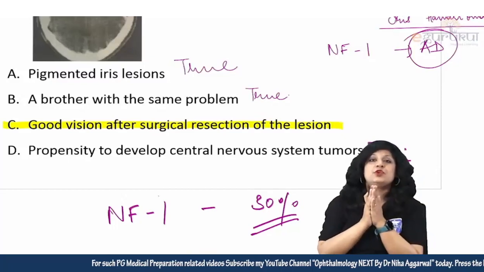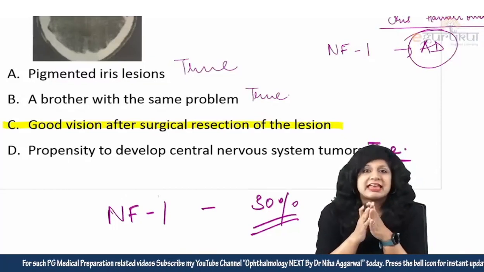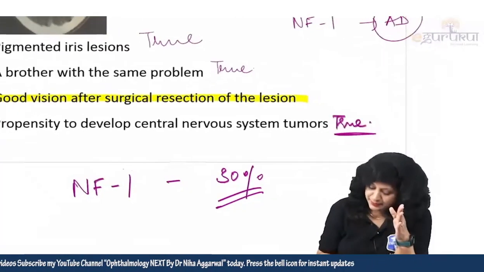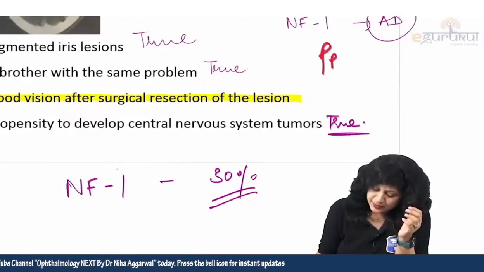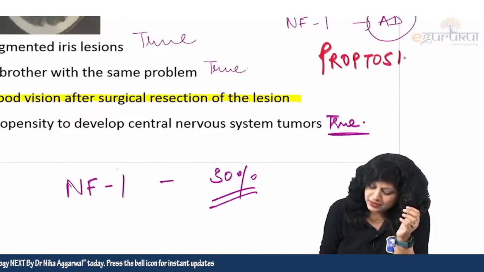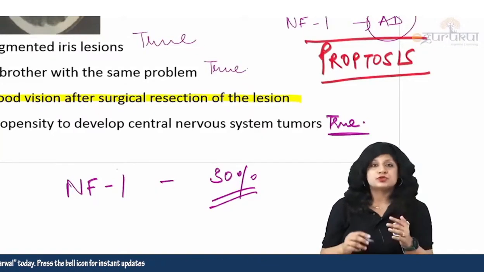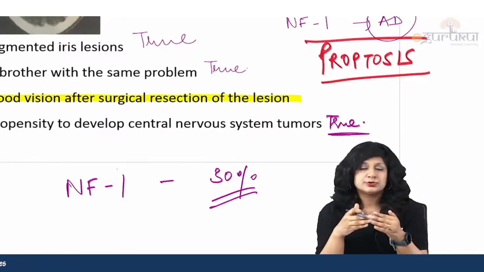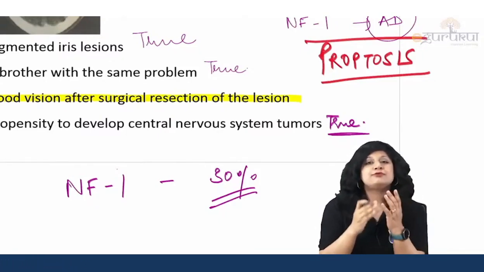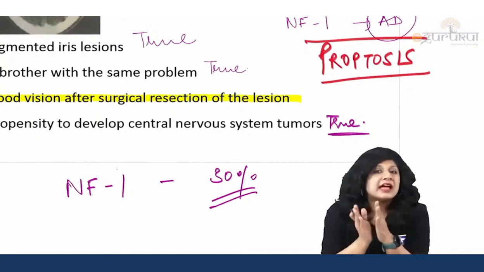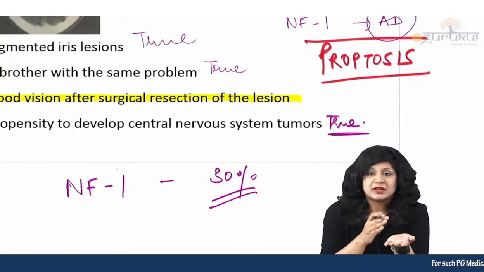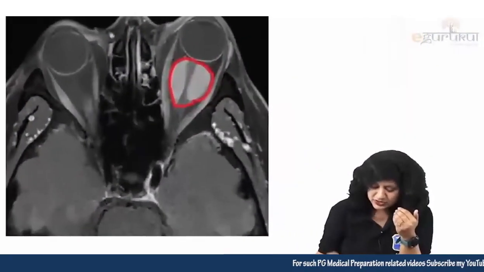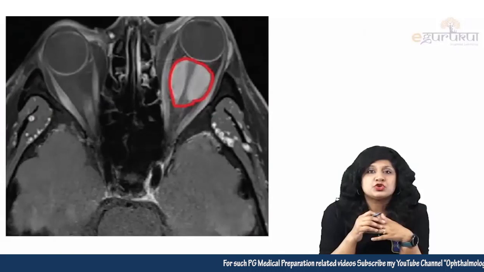Now what happens if you look at the appearance of the CT scan? It is a fusiform enlargement, right? And most of these babies can also present with proptosis. If you remember, when we had the integrated session on proptosis, we discussed that it can be a cause of proptosis also. Now, many students get confused between optic gliomas and meningiomas. So I try to keep the CT scan image of the meningioma also.